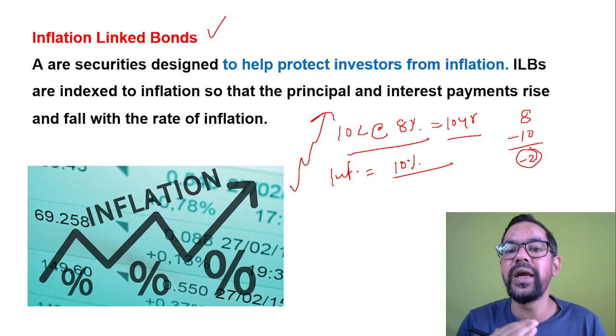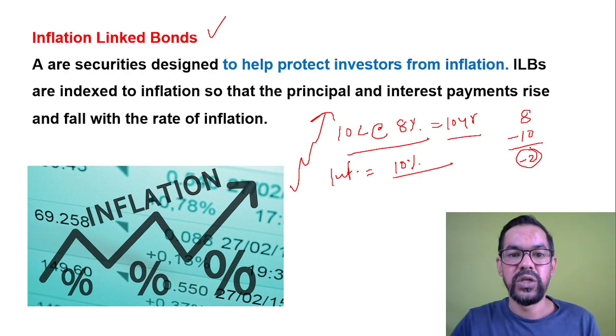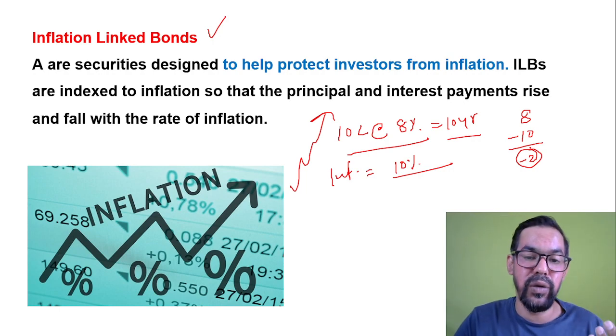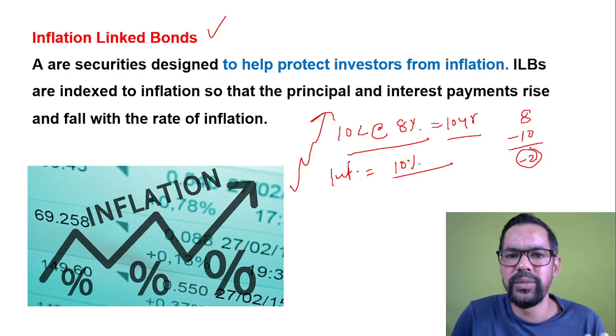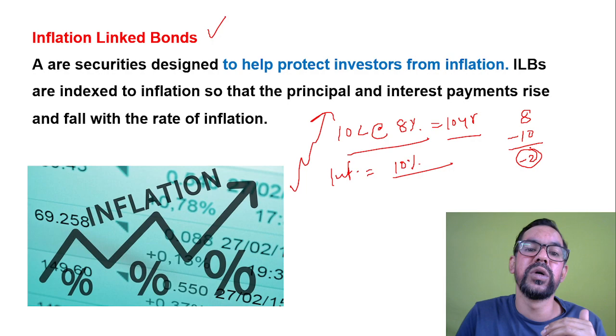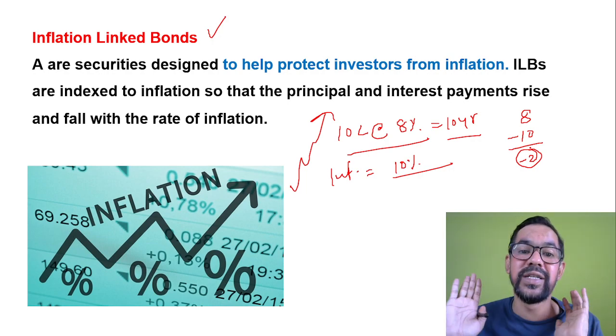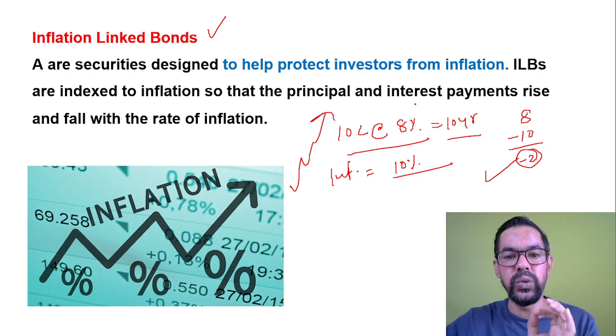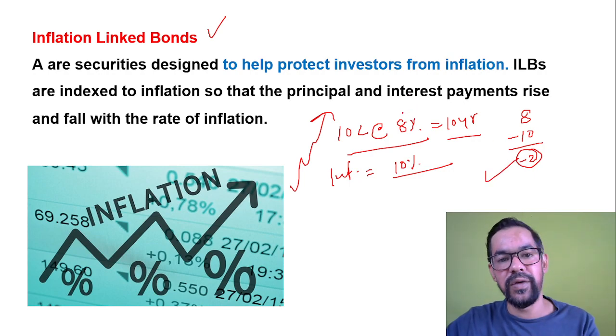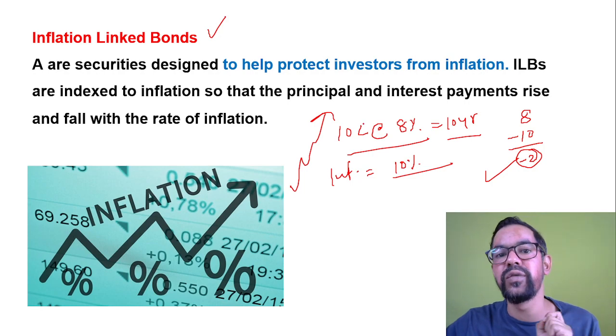So to protect investors from inflation, the government of India came up with one kind of bond. They introduced it in 2012-13, because at that time inflation was at its peak, around 10.93%. Investors faced this issue, so to deal with this problem they came with a bond called the inflation linked bond.